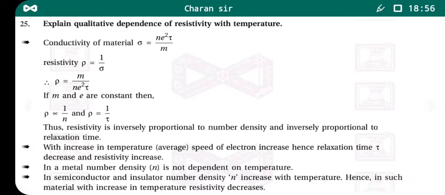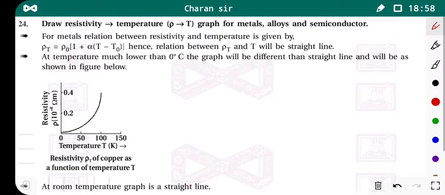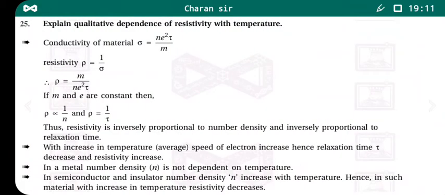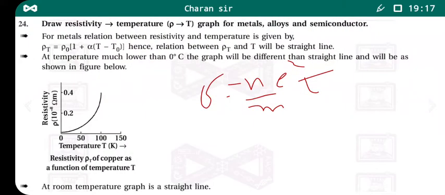For that, you remember this equation for conductivity: the conductivity is given by n e square by m into tau. Our theory is given in this slide, but here I am unable to write, so we switch over to the previous slide and discuss our topic, the dependence of resistivity.